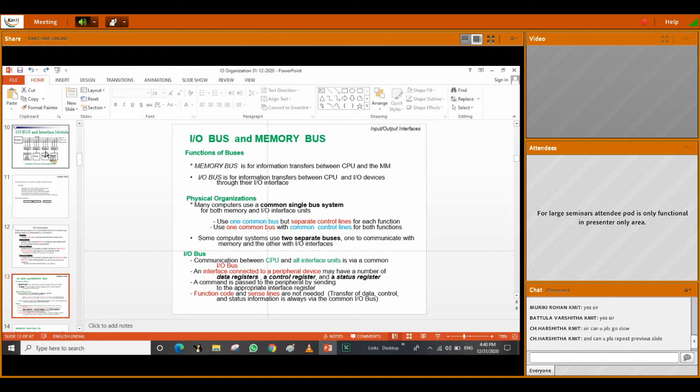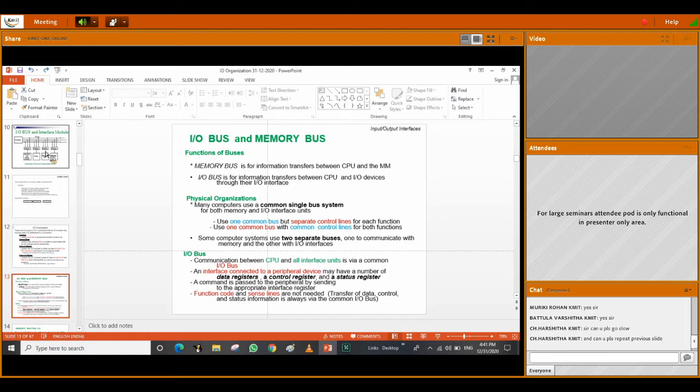What are the functions of the buses? The memory bus is for information transfer between the CPU and the main memory. The I/O bus is for information transfer between the CPU and I/O devices through their I/O interfaces.